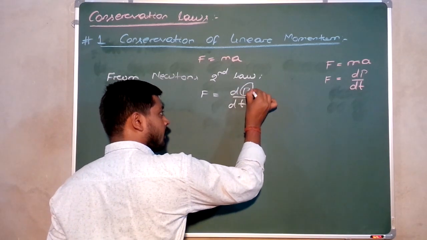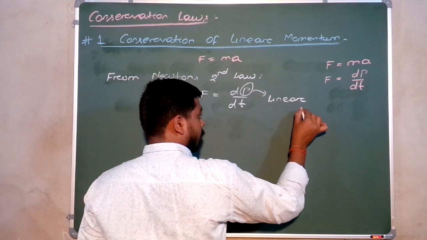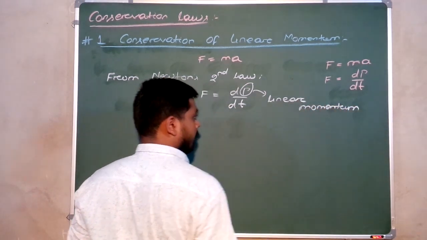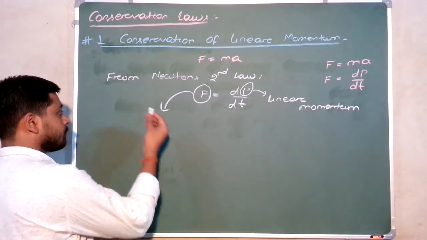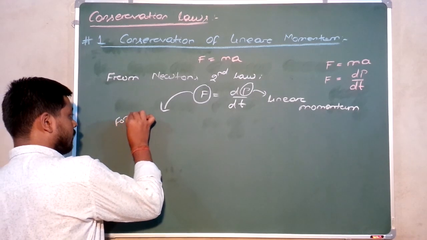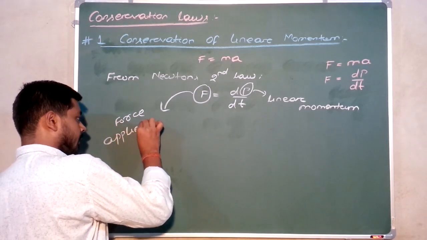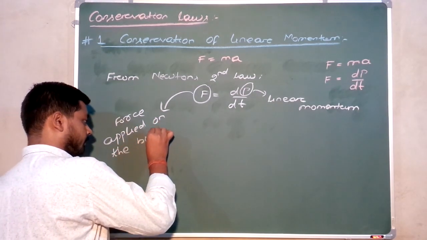What is P? P is the linear momentum, and F is the force applied on the body.